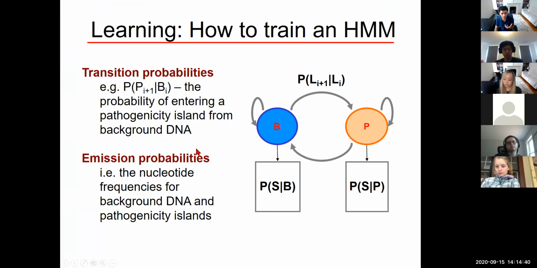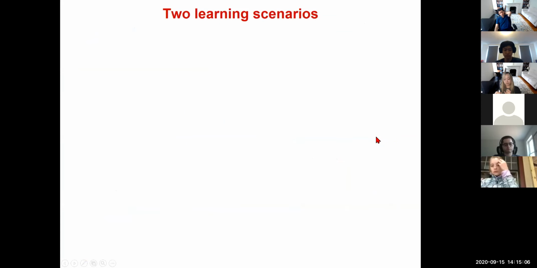What you would like to have is estimations for the probability of emitting each character given that I'm background, the probability of emitting each character given that I'm promoter, and the transition probabilities between B to B, B to P, P to B, and P to P. Okay. So this is actually quite simple.